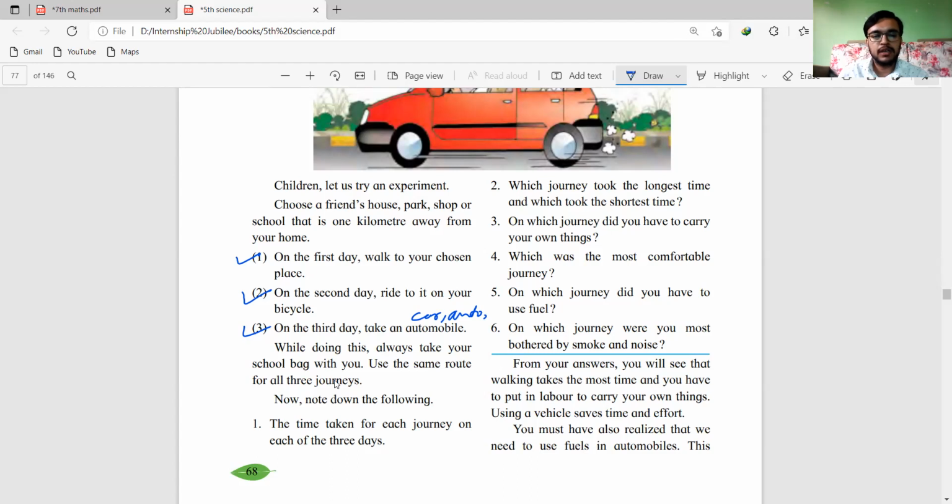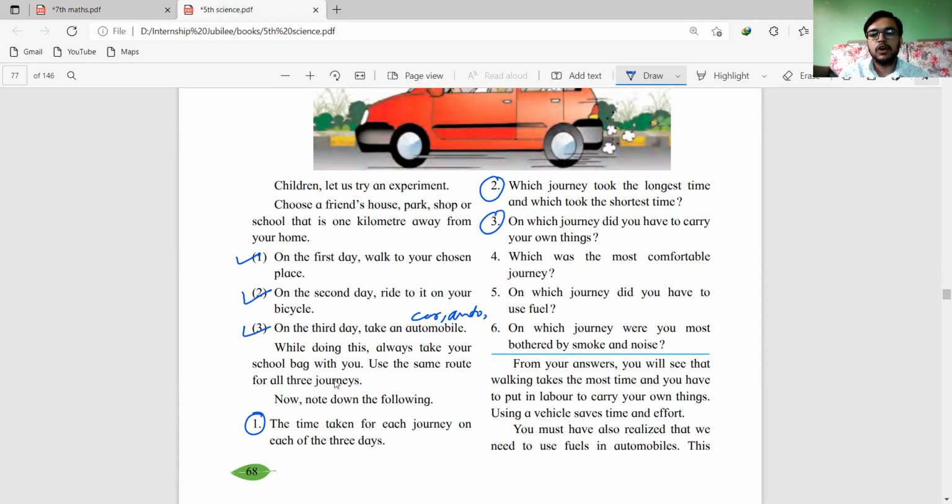Now note down the following: the time taken for each journey on each of the 3 days. Right? In how much time you have reached school from your home. Second one, which journey took the longest time and which took the shortest.